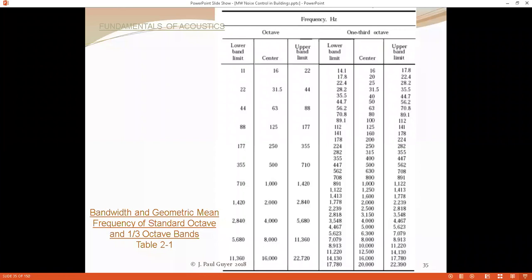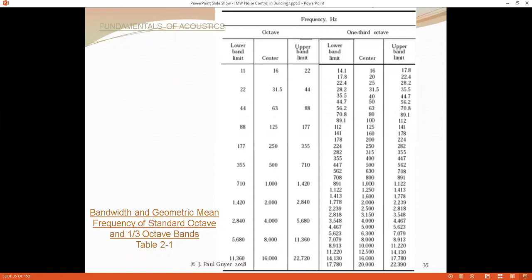Down through the table here, the highest octave that is defined is from 11,360 to 22,720, centered at 16,000 hertz, and that is referred to as the 16,000 octave. And these octaves are then further, for reasons that are not typically relevant in building design, divided into thirds, as you see in the table.